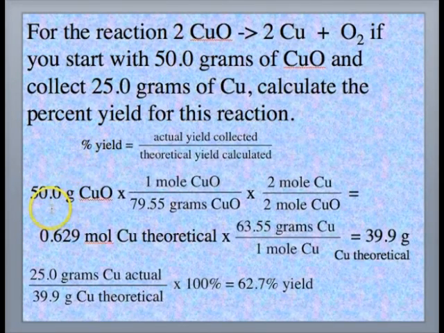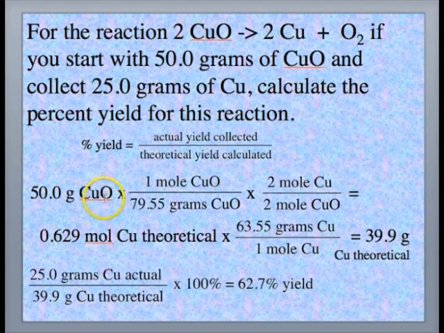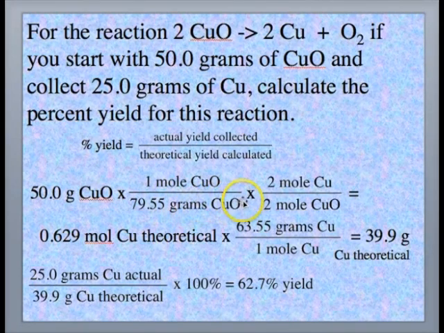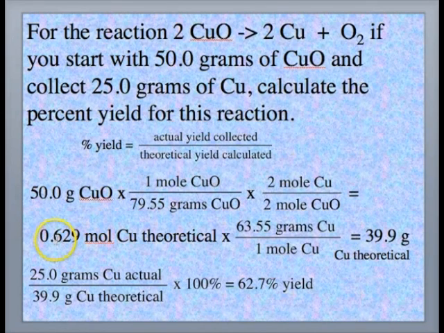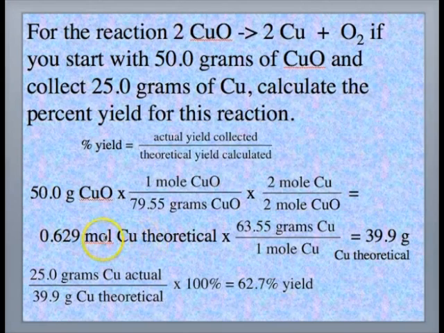So we start with our 50 grams of cupric oxide. We convert that into moles by dividing by the molar mass, 79.55 grams of cupric oxide per mole. We use the 2-to-2 mole relationship of cupric oxide to copper to convert from moles of cupric oxide to moles of copper. So we have 0.629 moles of copper, and that's the theoretical amount of copper in moles that we should get.